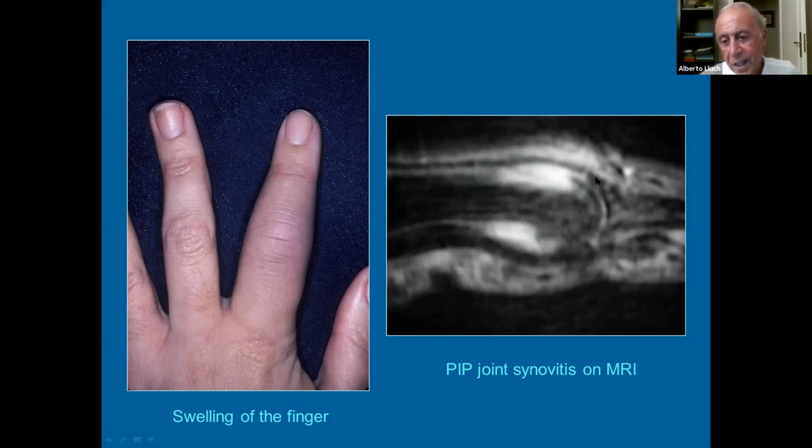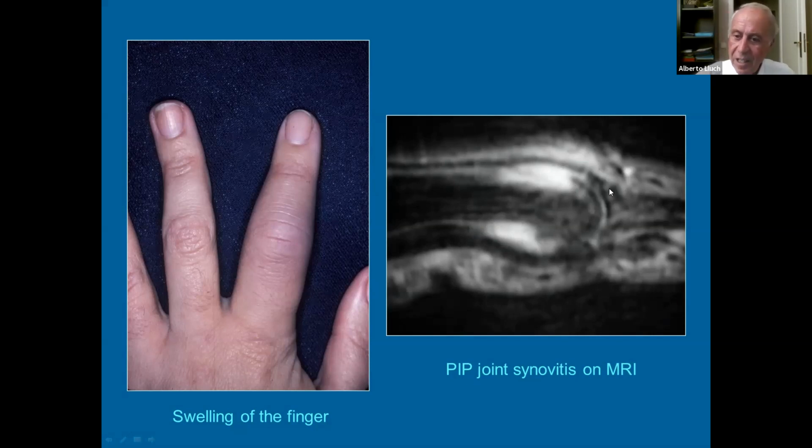Here we can see the extensor tendon, the central slip, which is still attached to the base of the proximal phalanx. Here is the subchondral bone of the proximal phalanx, and here there are some erosions of the synovitis into the bone also. And here the flexor tendon.